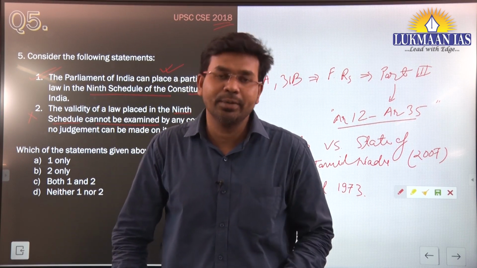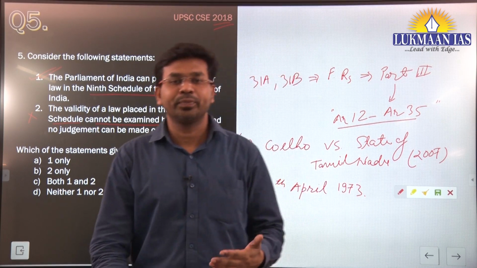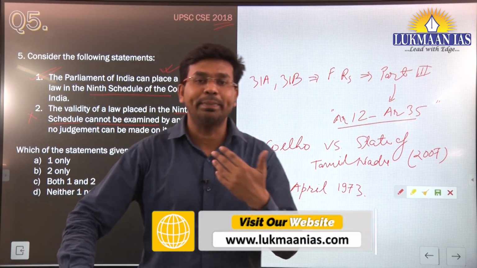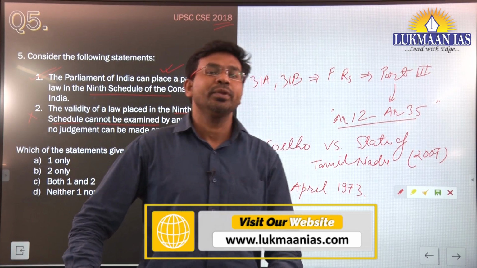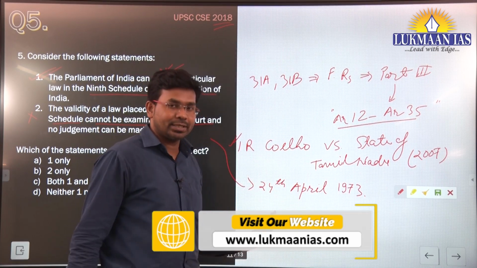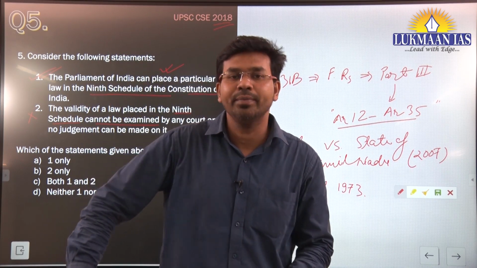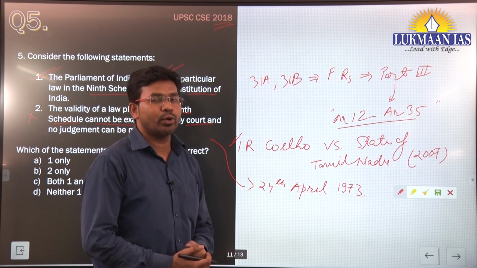And in the Keshwananda Bharati case, the Supreme Court of India has given a new doctrine, known as the principle or doctrine of basic structure. Under the doctrine of basic structure, the Parliament of India can amend any part of the Constitution of India, provided that they do not alter the basic structure of the Constitution.